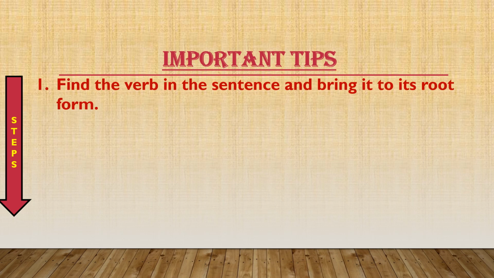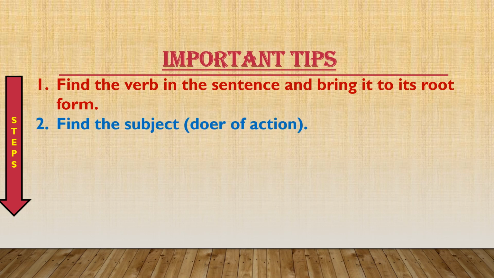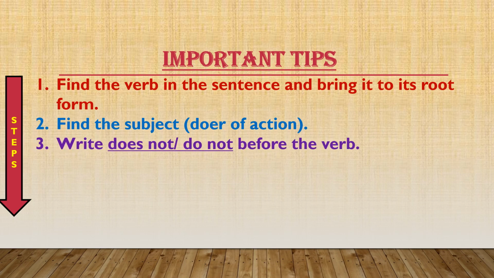Find the verb in the sentence and bring it to its root form. Find the subject. I hope you remember what a subject is. Subject is the doer of action. Find the subject and observe it. Identify whether it is singular or plural.